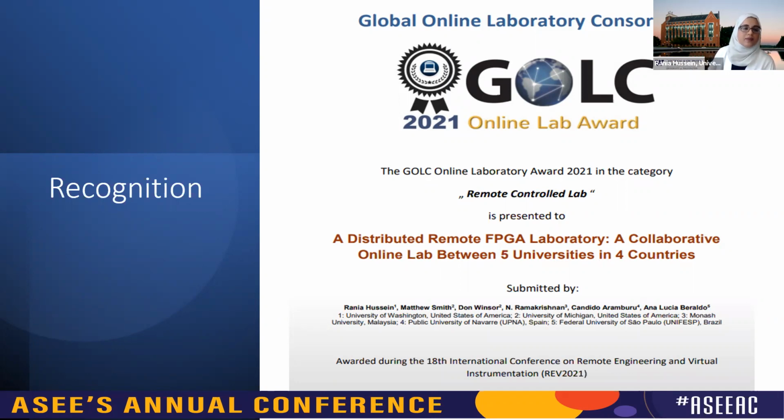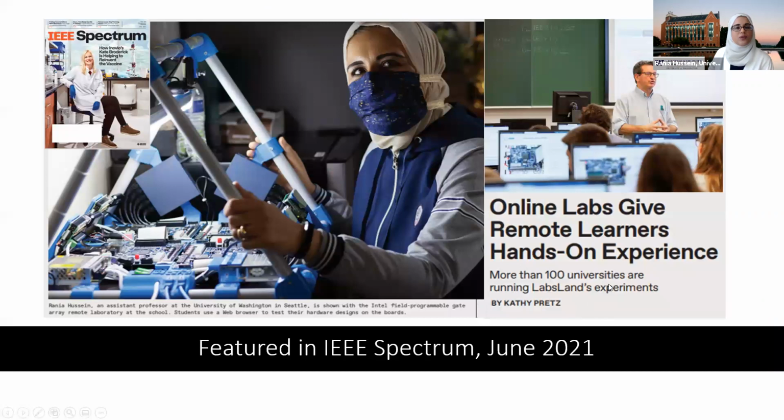That was great, and we're very proud of that. We were also featured in IEEE Spectrum, in the June 2021 issue. This is the cover page, so we are there in print, in the magazine.